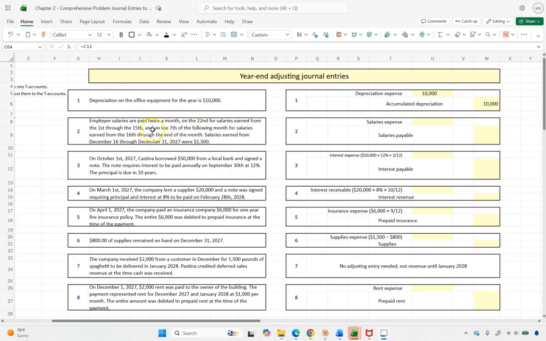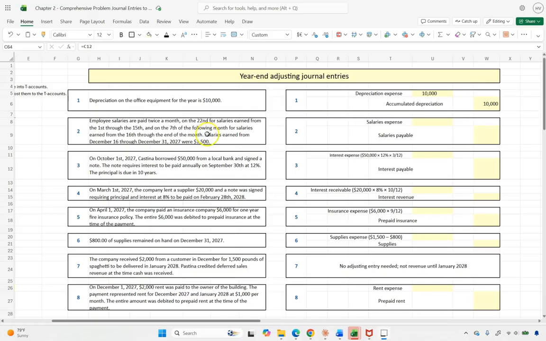So we're really not focused on what happened on the 22nd for purposes of the year-end adjusting journal entries. It's really on the 7th of the following month, which means on January 7th of 2028 in this example, the employees are going to get paid for the salaries that they earned between December 16th and December 31 of the previous month.